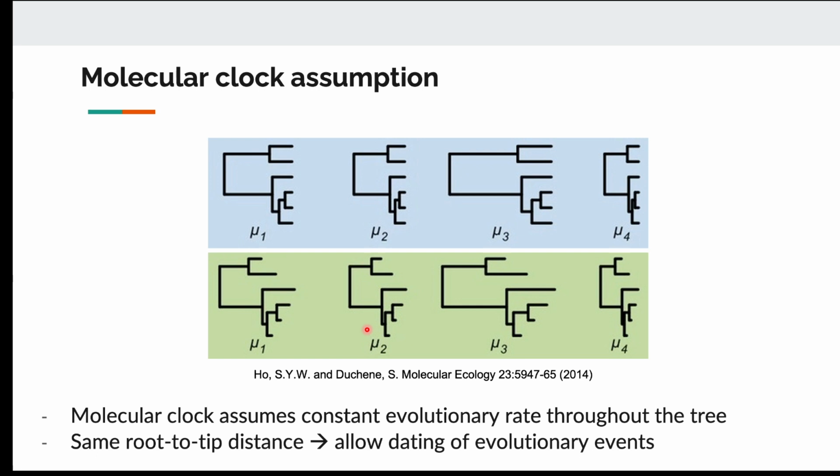With that assumption, we can model the time to be proportional to the number of mutations. But without a molecular clock, we're going to get trees similar to the bottom rows here, where none of the taxa will align. So you cannot make any inference about the time, but you can still see the mutations that occur on each branch, whether it's long or short. So these can have different purposes.